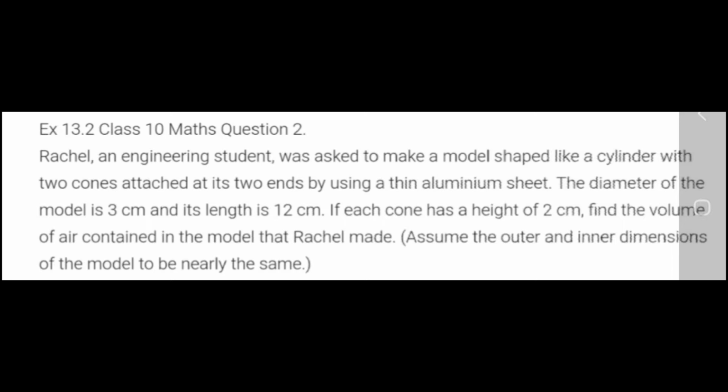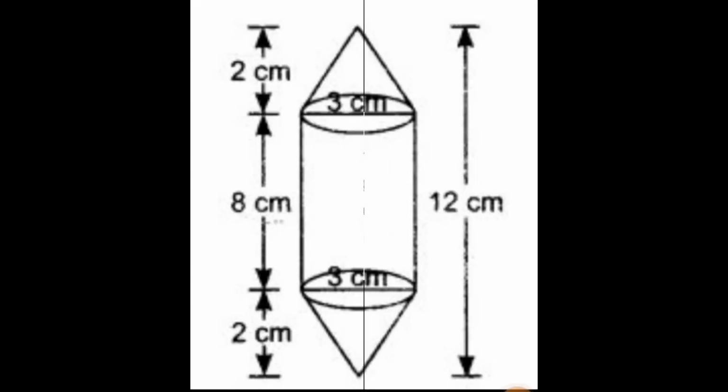So let us see the solution of this question. In this model of solid, you can observe that there is a cylinder consisting of two cones at both the ends of this cylinder. The total height of the solid is 12 centimeter and the height of each conical part is 2 centimeter.